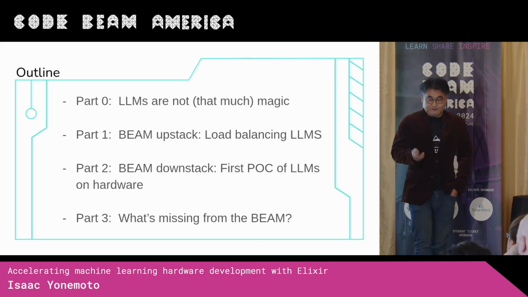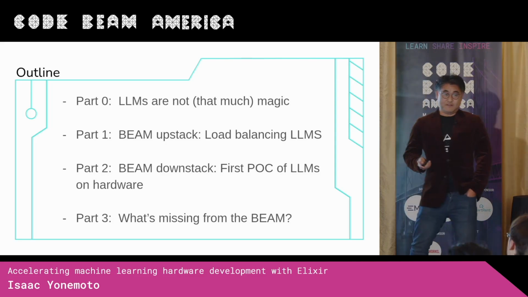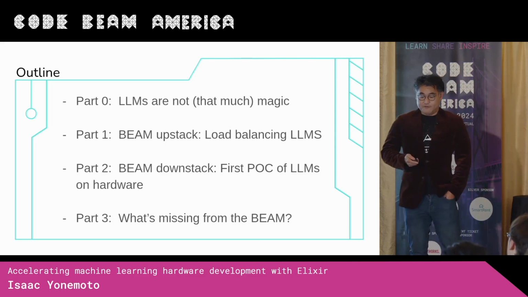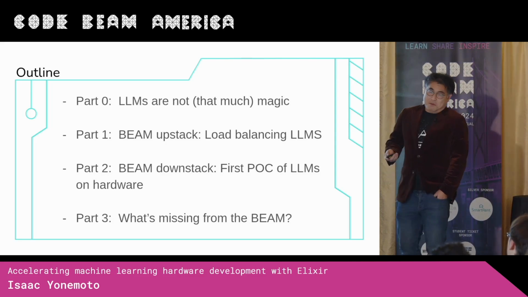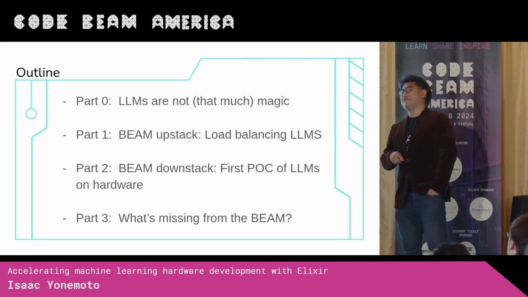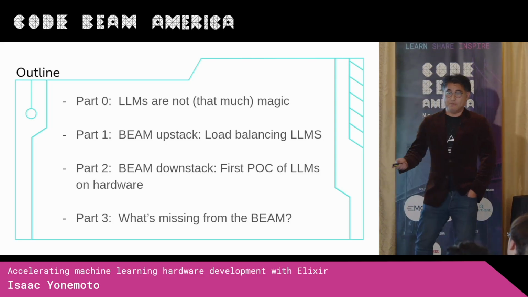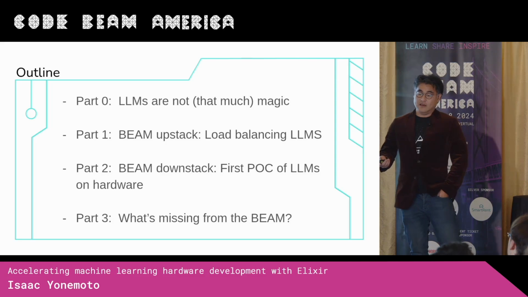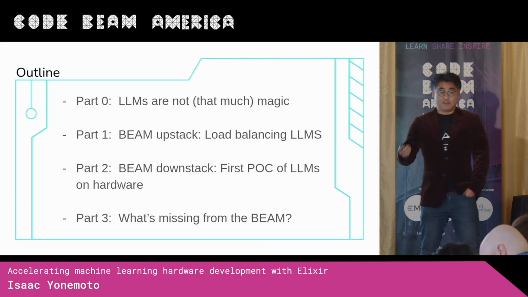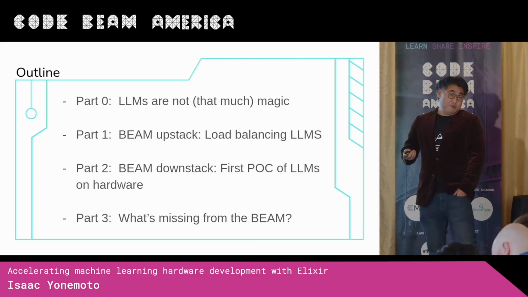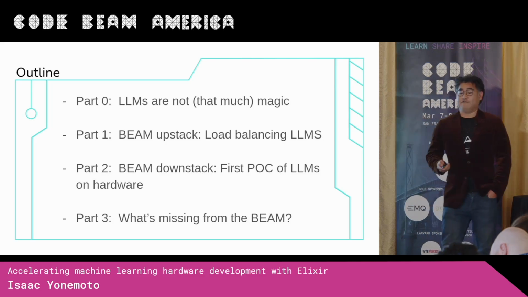And then if I have time, we'll do part 3, which is what's missing from the BEAM. From my experiences, I have a couple gripes. Well, maybe it would be nice if the BEAM had this. Now, certainly we can do without them and did great without them, but I think our lives would be much better if these features existed in the BEAM. And it's kind of opinionated. You may disagree with me, and that's totally fine.